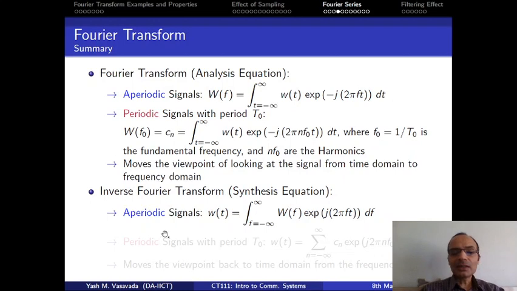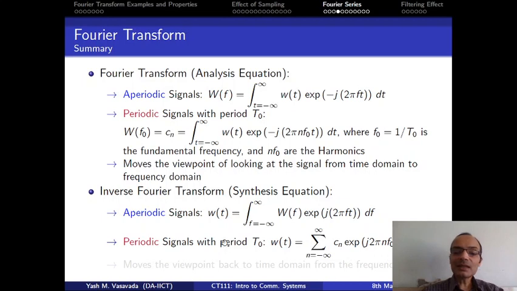Now, if you look at the inverse Fourier transform, this is the formula for the aperiodic continuous time signal, whereas the inverse Fourier transform for a periodic signal becomes just a series, a summation. The integration is getting replaced by summation.